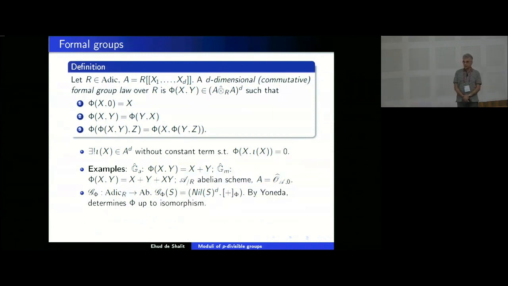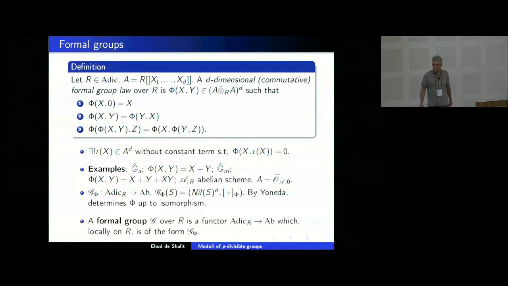And the Yoneda lemma, as always, tells us that this functor determines phi up to isomorphism, and we can now have an ad hoc definition of a formal group. Some people give a much fancier definition. If you look up the book by Messing or Grothendieck, they give you fancy definitions, but for us this will be good enough.